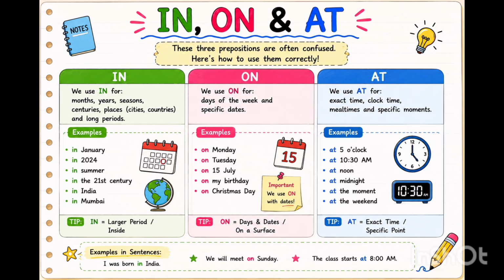For example, at 5 o'clock, at 10:30 a.m., at noon, at midnight. A simple trick to remember: in for longer periods, on for days and dates, and at for exact time.